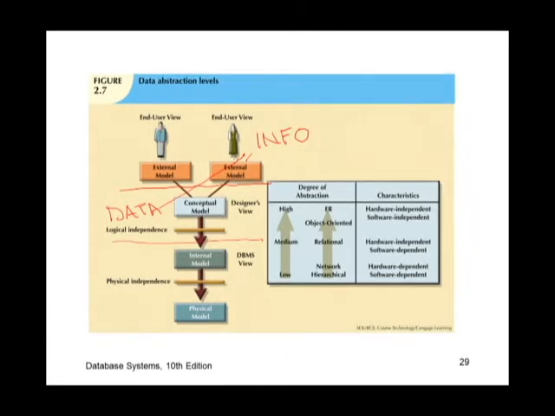And then down at the physical level, what we're actually looking at is the hardware and software that maintains that data. From our level at the design view, we don't really care what's going on down here as long as that data is always available to us to be able to create effective and accurate information.